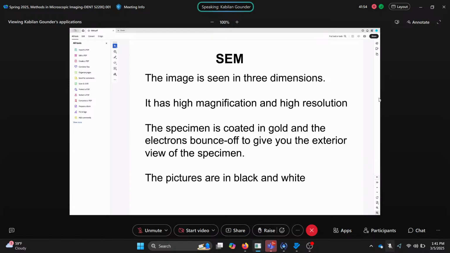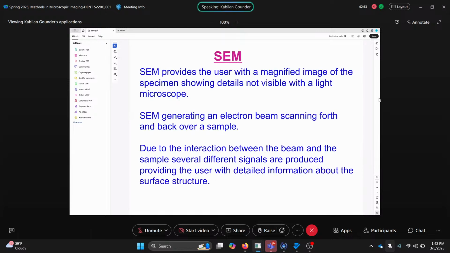So the electrons go and hit the samples and bounce back. That will give you the topography of your samples. The electron microscope image is always black and white. Do you know why? Because it produces electrons as a light source.